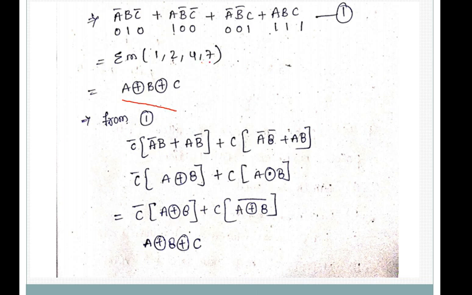It is also called the full adder output, 1, 2, 4, 7. Here you are having an odd number of ones.